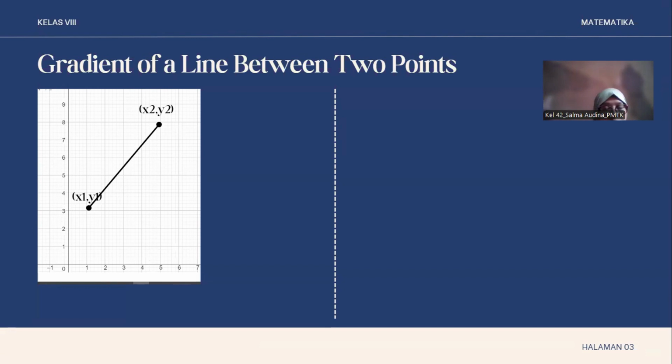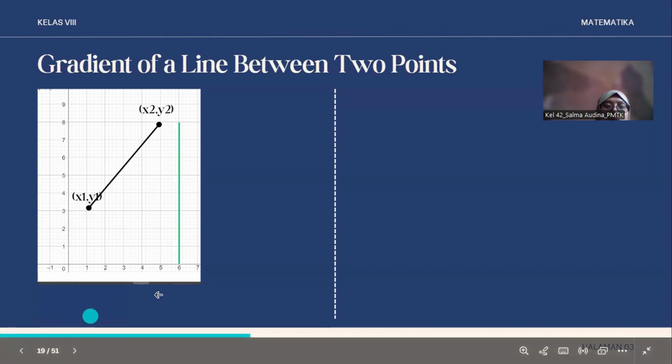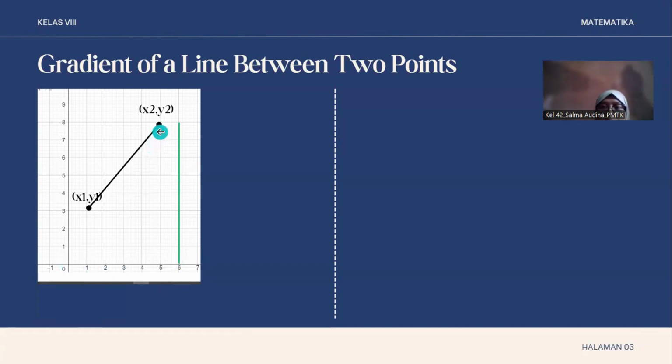Let's see the picture. The green line represents the vertical distance from the origin to the second point, x2, y2. And then the length is y2, from this to this.